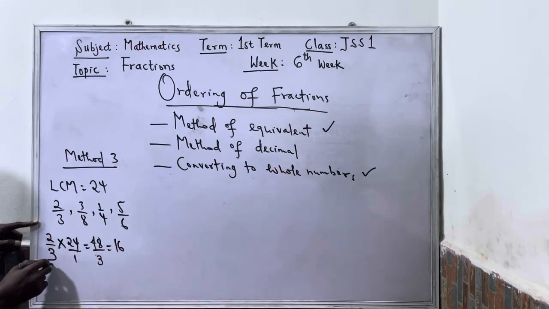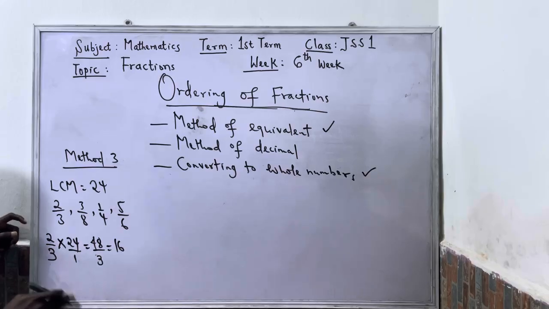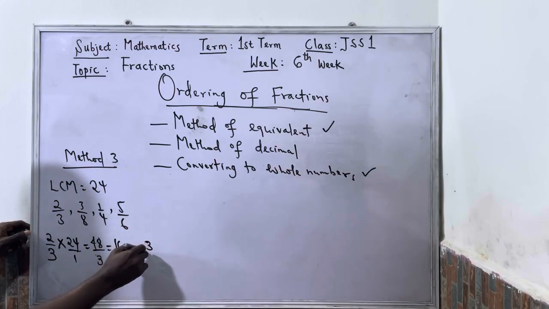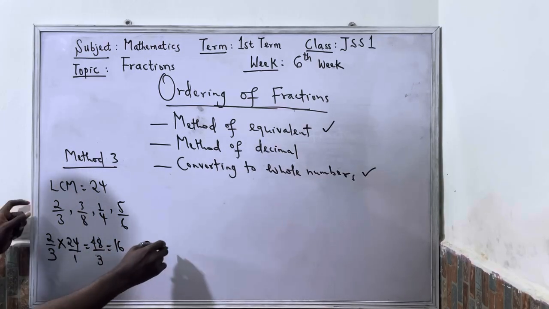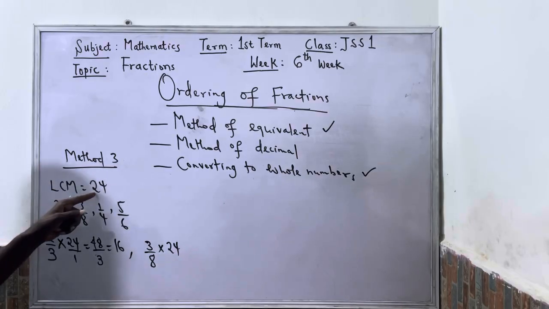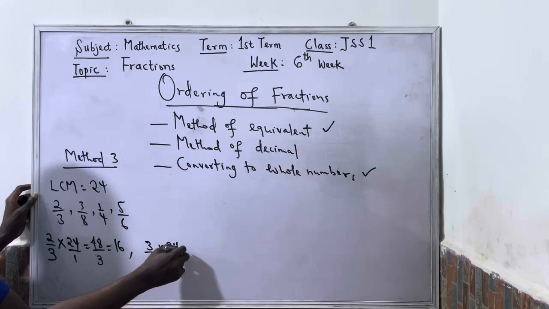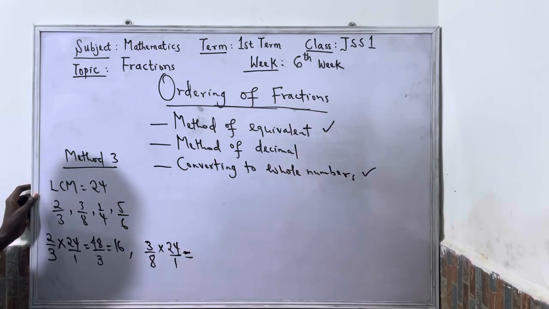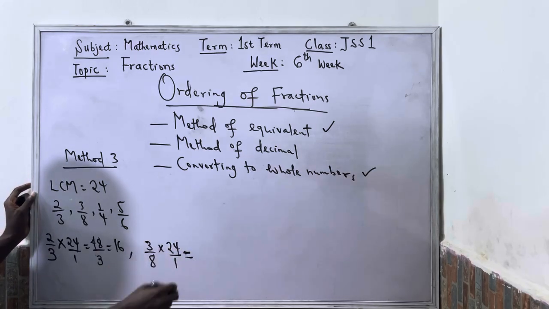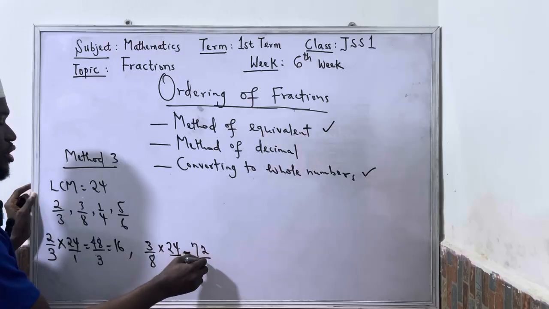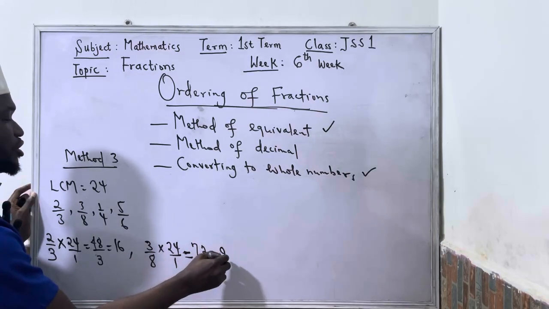Then the second fraction is 3 over 8 times the same LCM. So here, I'm going to have 3 times 24, which will give you 72. Then you do 72 divided by 8, that will give you 9.